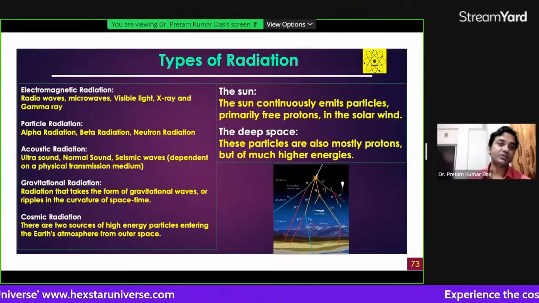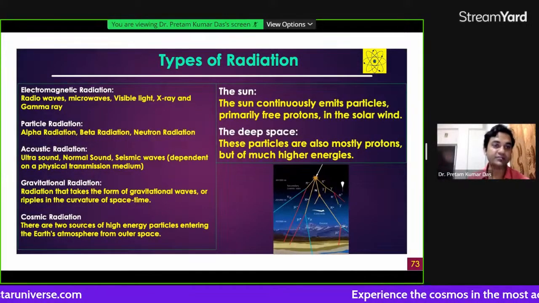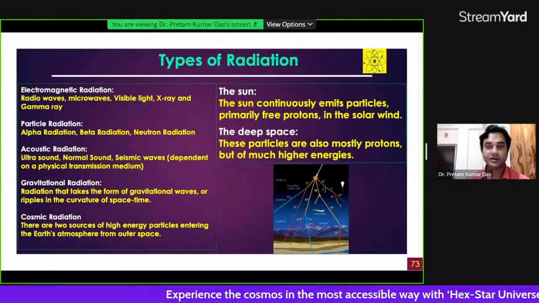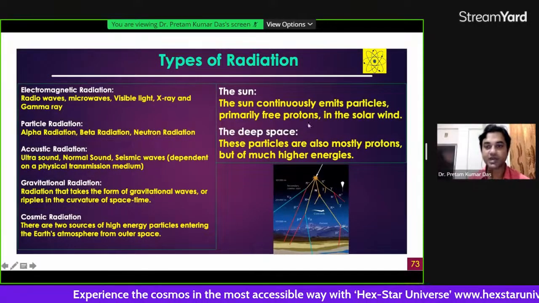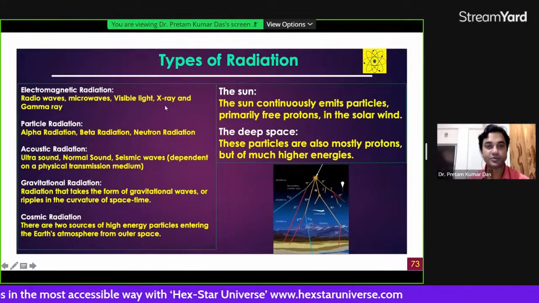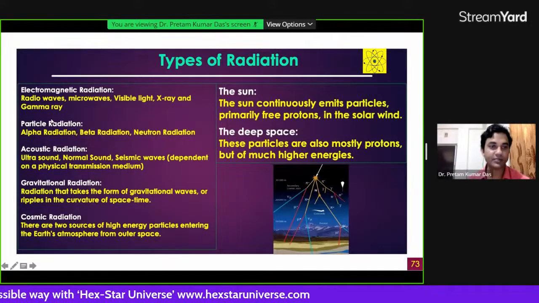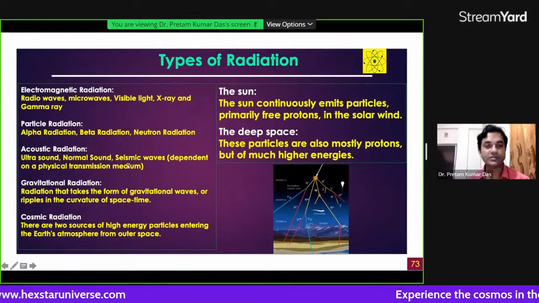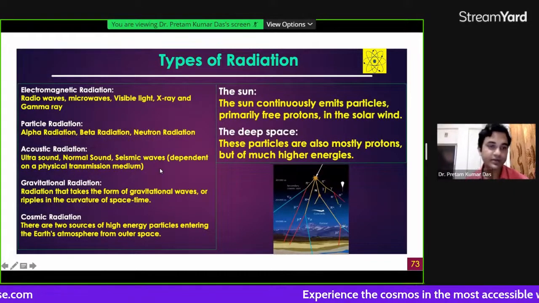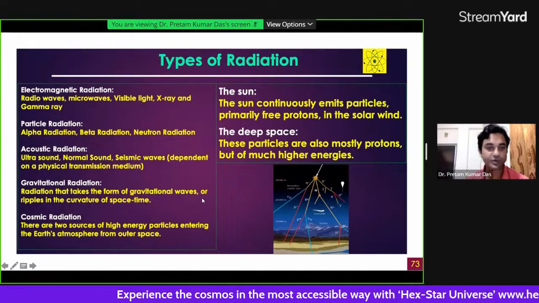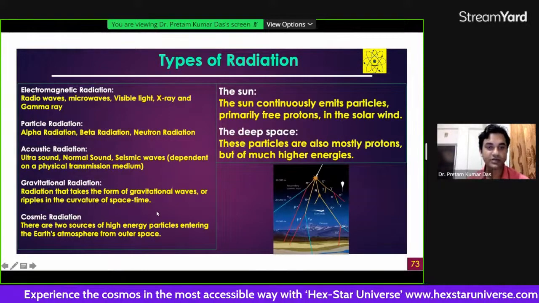Types of radiation: electromagnetic radiation, particle radiation, acoustic radiation, gravitational radiation, cosmic radiation, and radiation from the sun and deep sea. Electromagnetic includes radio waves, microwave, visible light, X-ray, and gamma ray. Particle radiation includes alpha, beta, and neutron radiation. Acoustic includes ultrasound, normal sound, and seismic waves. Gravitational radiation takes the form of gravitational waves or other ripples on the surface of space.